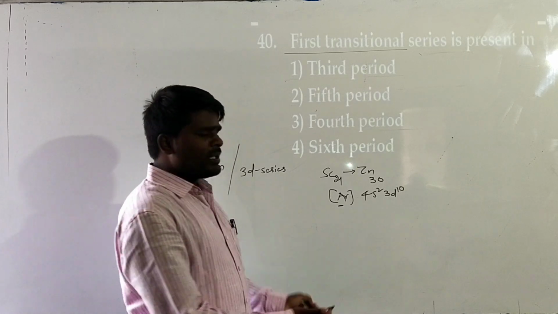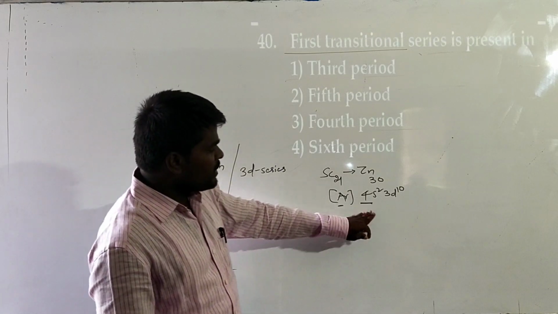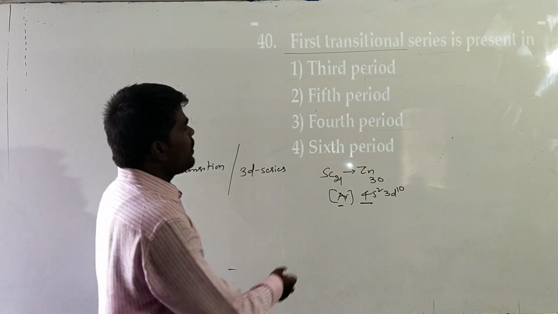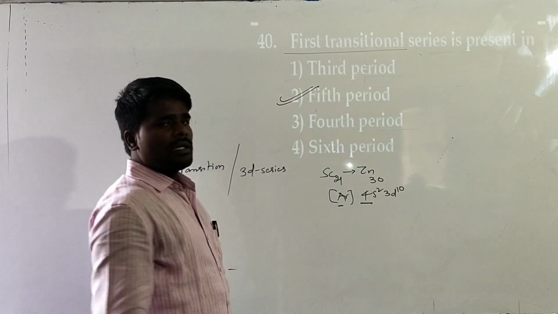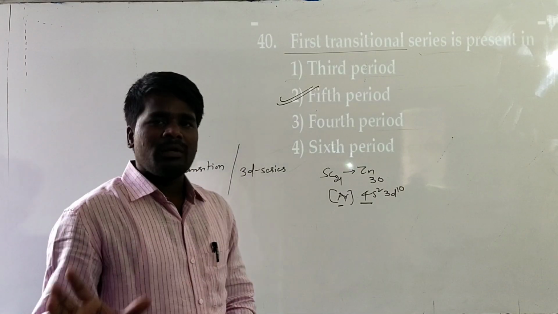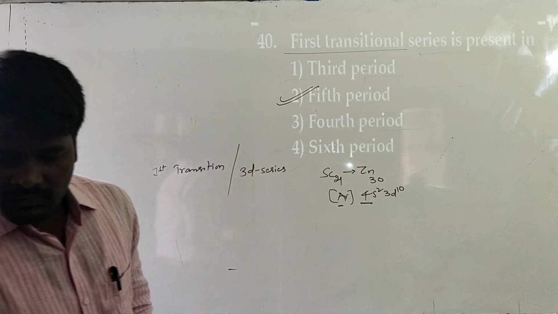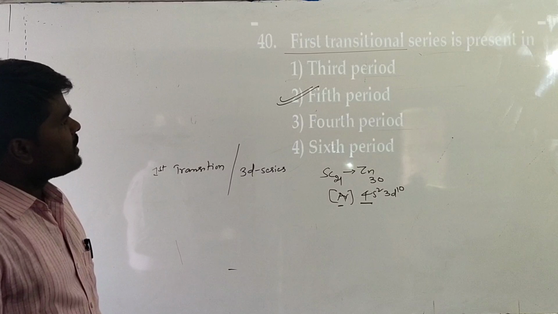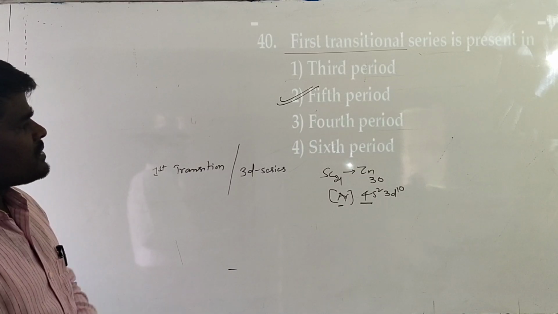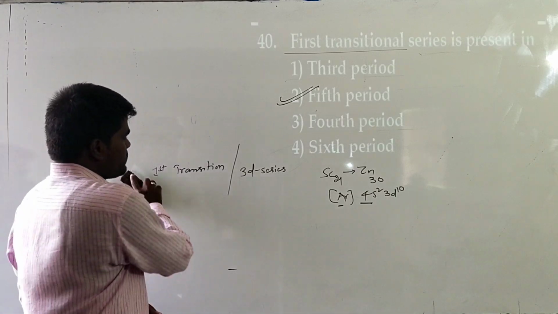What is the maximum n value here? 4. So 4 is the outermost shell, and it belongs to the 4th period. In the electronic configuration, the maximum principal quantum number value is equal to its period number. The second transition series belongs to the 5th, the third transition series to the 6th, and the fourth transition series to the 7th period.